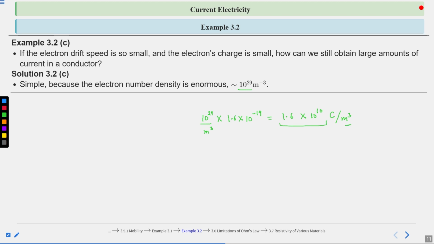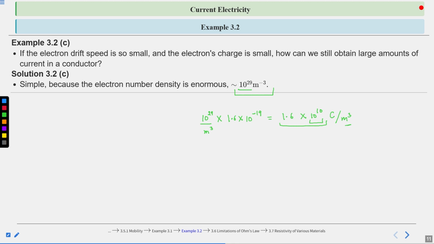We know that 1 coulomb is a very large unit. In electrostatics, we used microcoulombs, millicoulombs and picocoulombs, and rarely used 1 coulomb. So an order of 10^10 coulomb is a very large charge. This amount of charge is present per meter cube of the conductor due to the large number density of electrons.